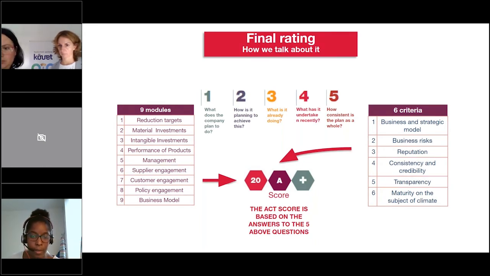This component is more subjective because it's based on qualitative criteria, but at the same time, it's really important to make a balance in the final score. And the final trend score indicates the direction, minus, plus, or equal, in which the company's score is expected to evolve in the ACT assessment.